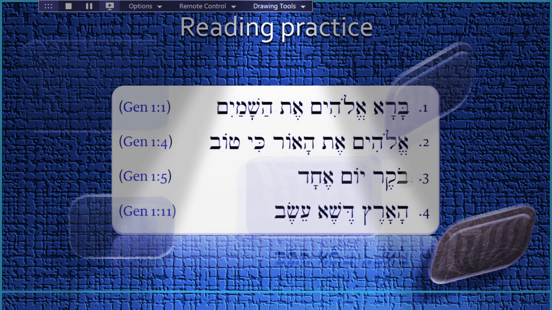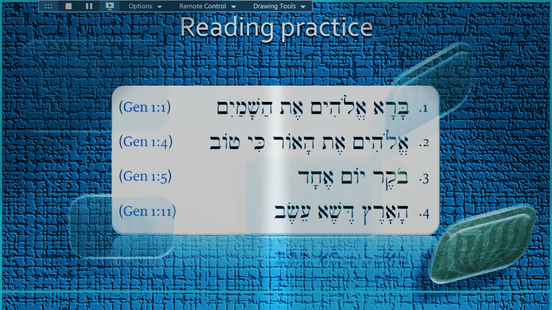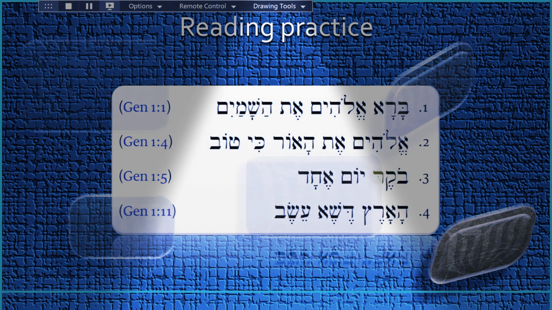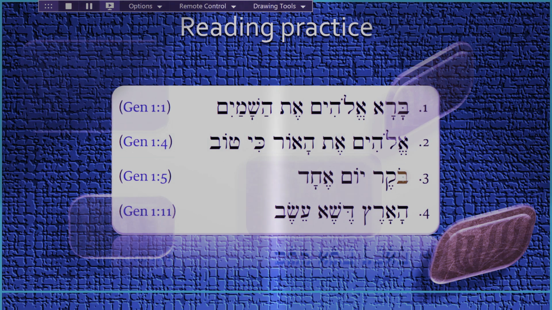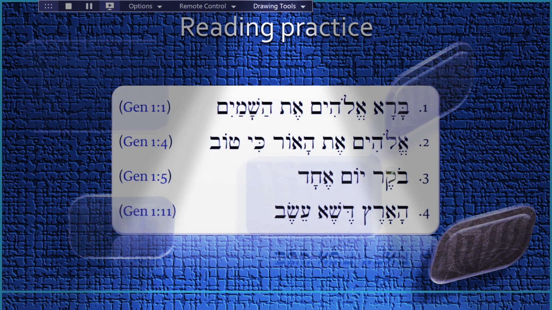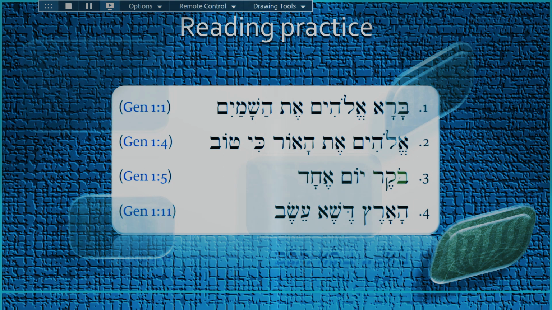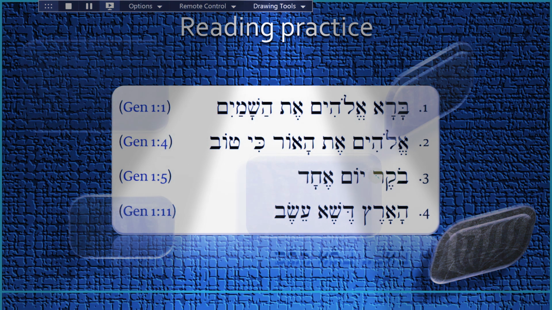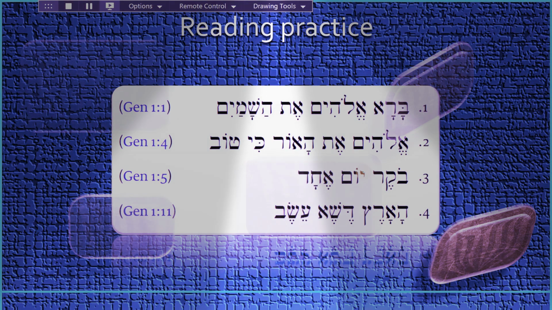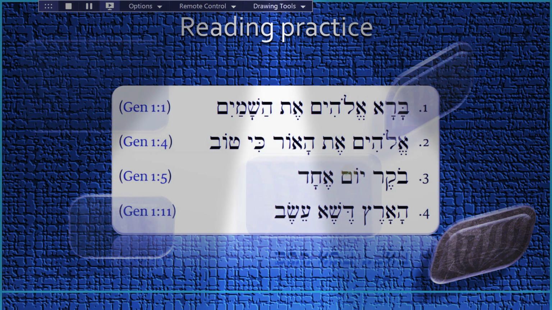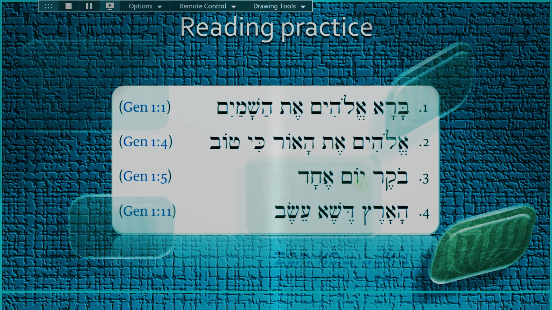Number 3. You should be reading this yourself. That's why I'm pausing. Vaboker, which means morning. Read the next word, please. The second letter is a vowel sound. This is a full cholam, an O sound.